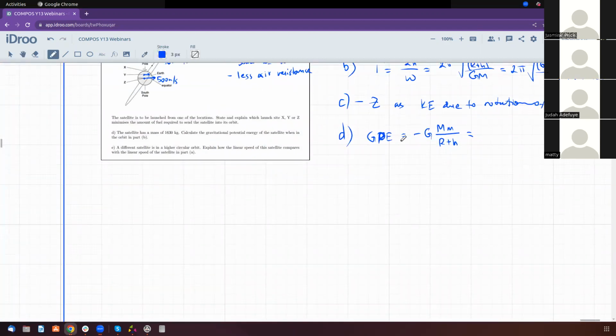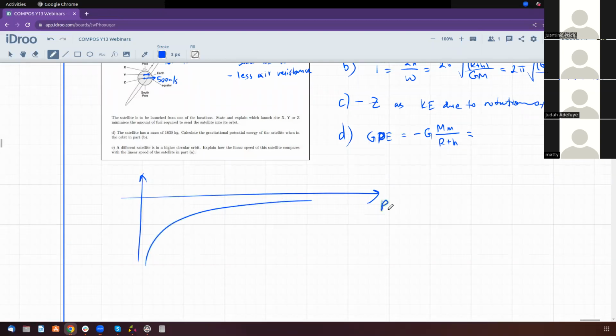Yeah, R is smaller, so of course, if you look at the formula, the gravitational energy is like this. So this is small r, and this is GPE. So the surface of the Earth, it's going to be something like this. Well, inside the Earth, of course, it's going to be different.